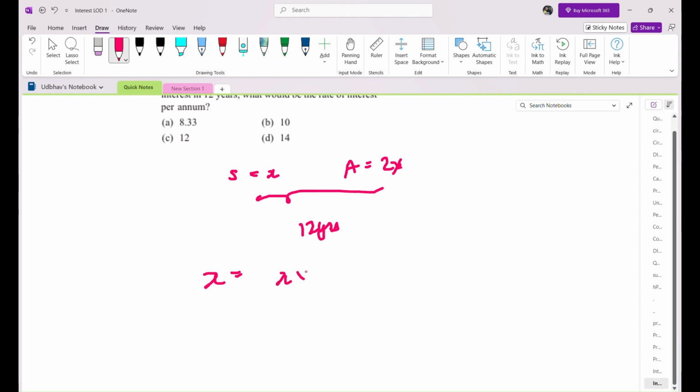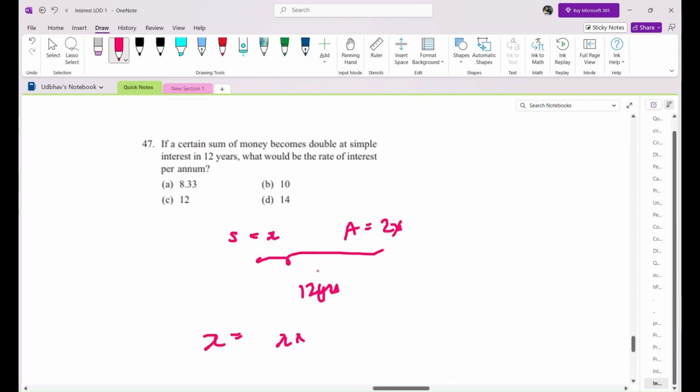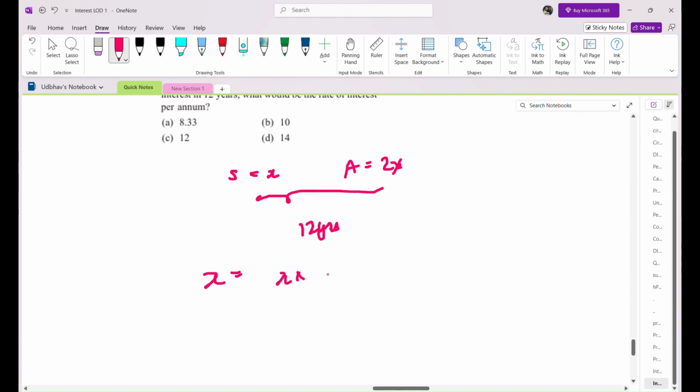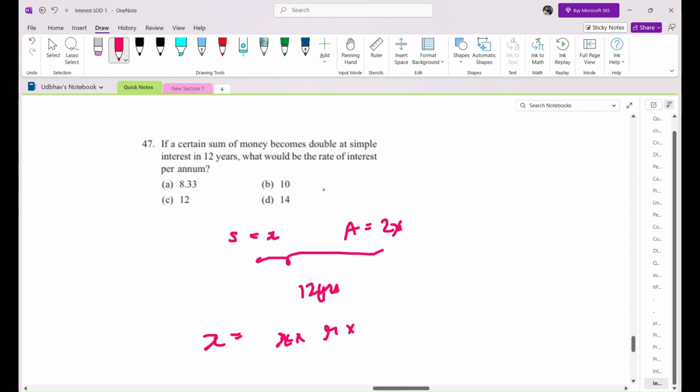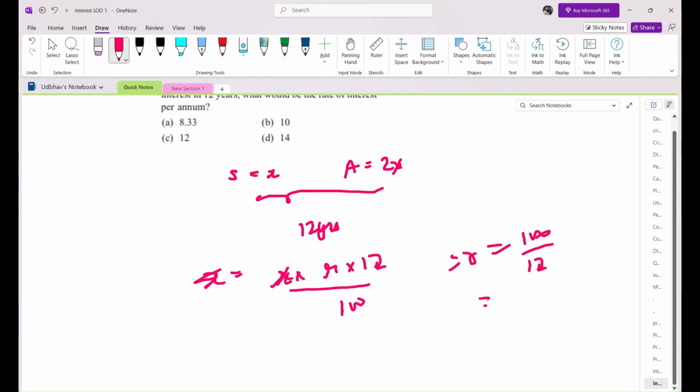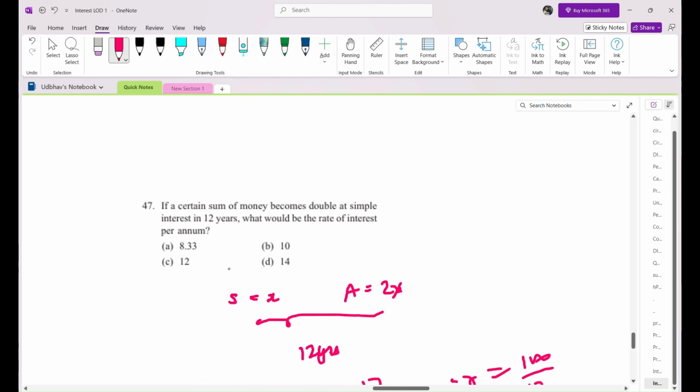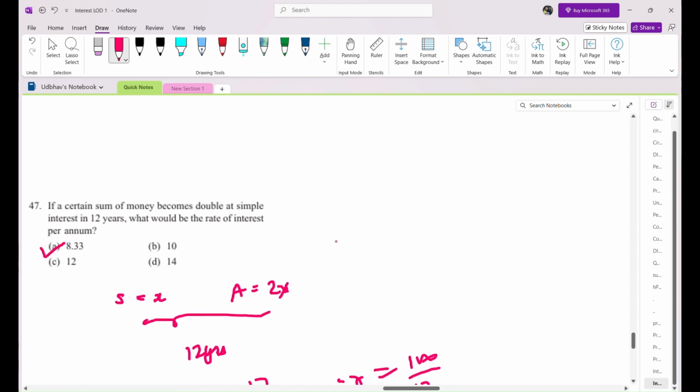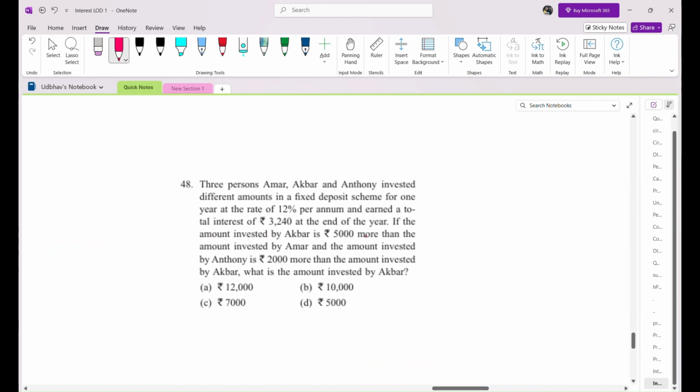Interest equals principal into rate, which we want to find, into 12 years upon 100. So rate equals 100 upon 12, which is 8.33.